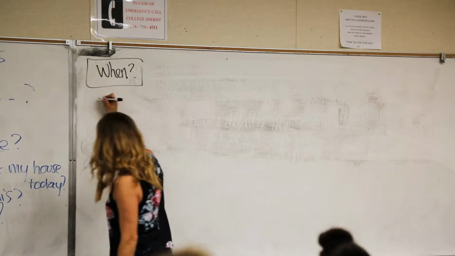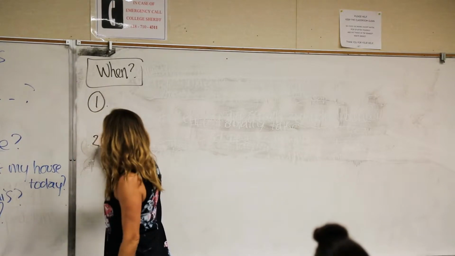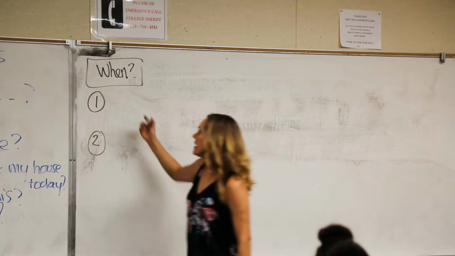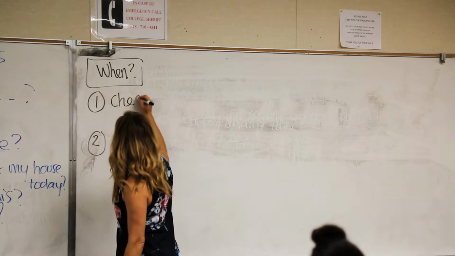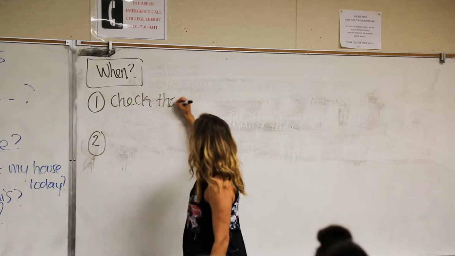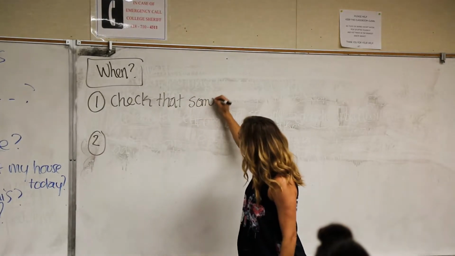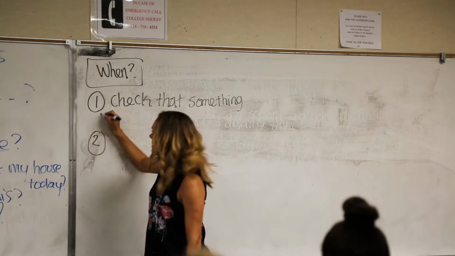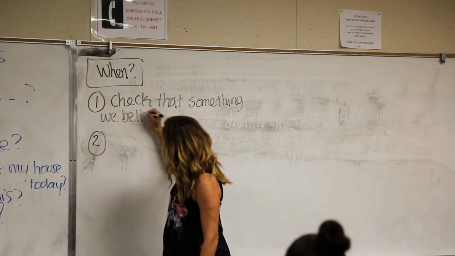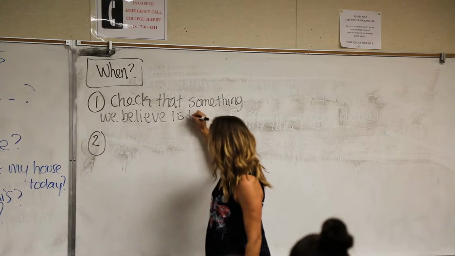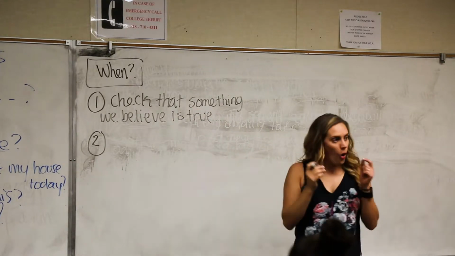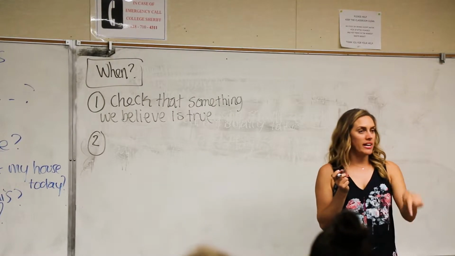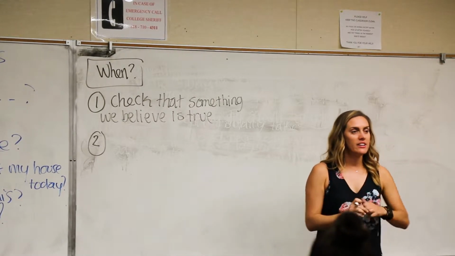One, the first reason we use it is to check that something we believe is true. I already believe something. I think I know, but I need to check first, okay?